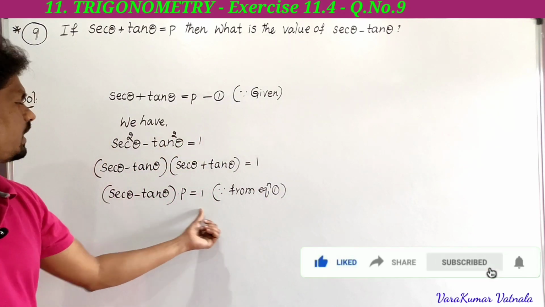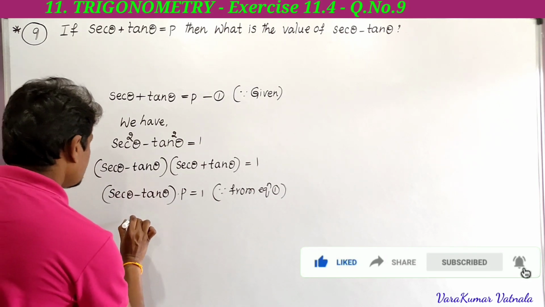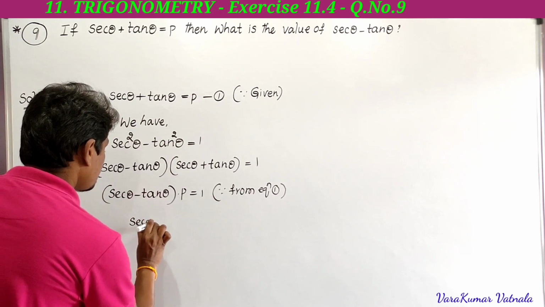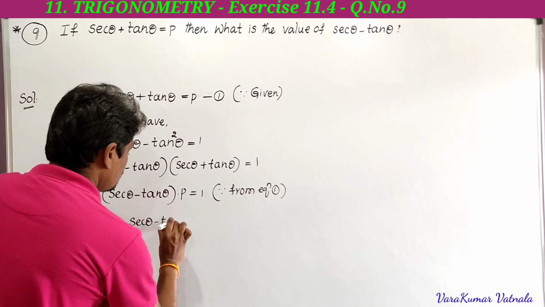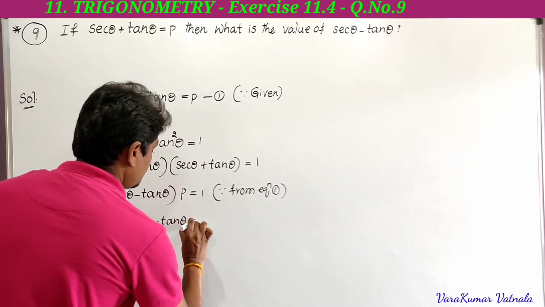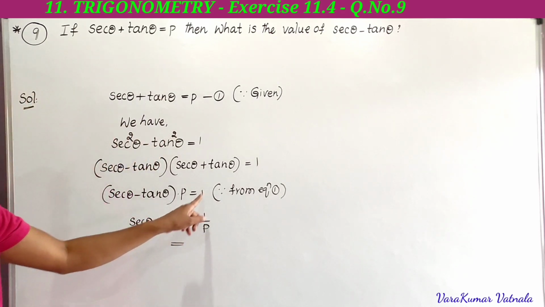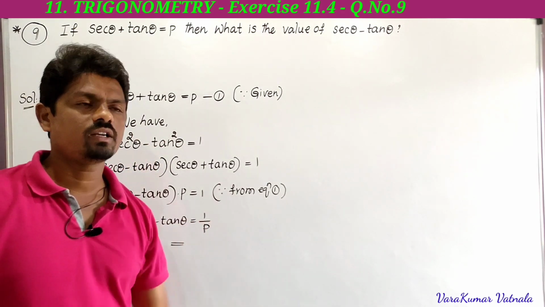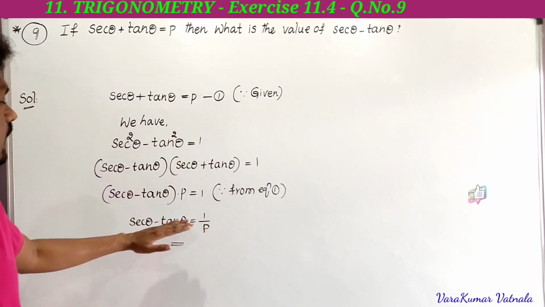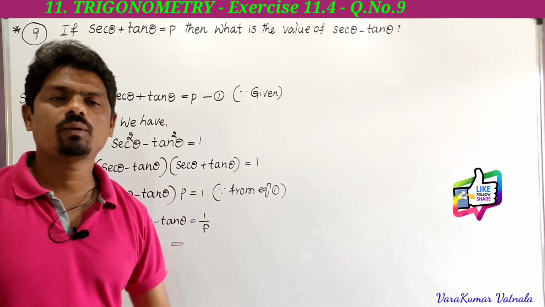Now take P to the right side. P is multiplying, if you take it to the right side it divides. So we have secant theta minus tan theta equal to 1 by P.